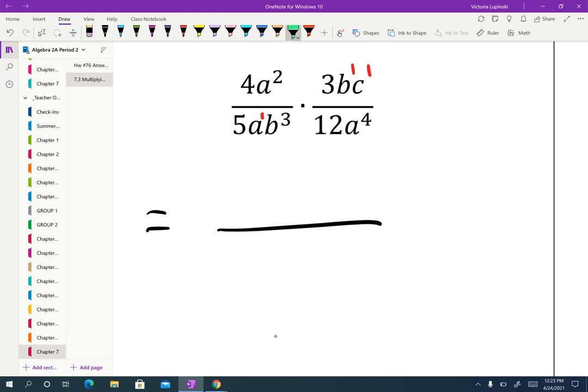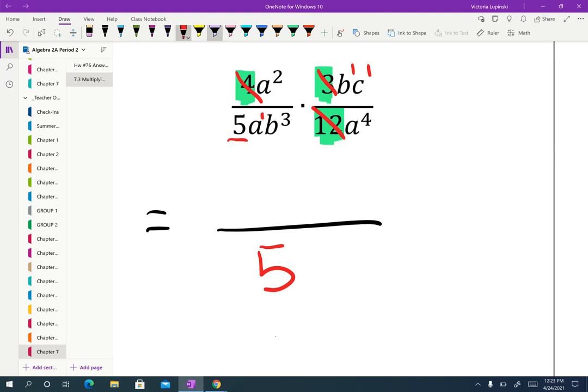So if I take a look carefully at this 4, this 3, and this 12, hopefully you would agree that 4 times 3 is 12, so I can actually just cross out all of those values. Because there are no other constants, I know that I'm going to be left with a 5 in the denominator, so I'm going to put that there.